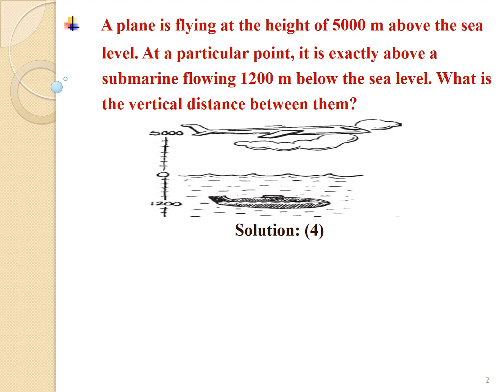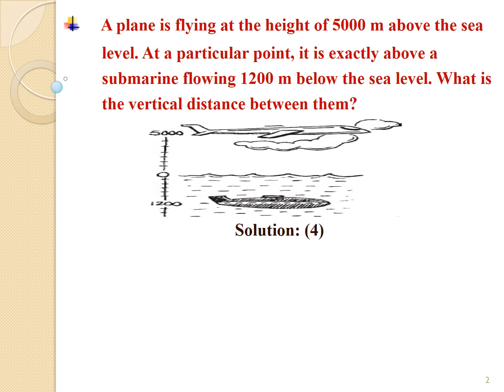Students, in this question, we have to find the vertical distance between the plane and submarine. And we have been given the height of a plane as well as the depth of the submarine.